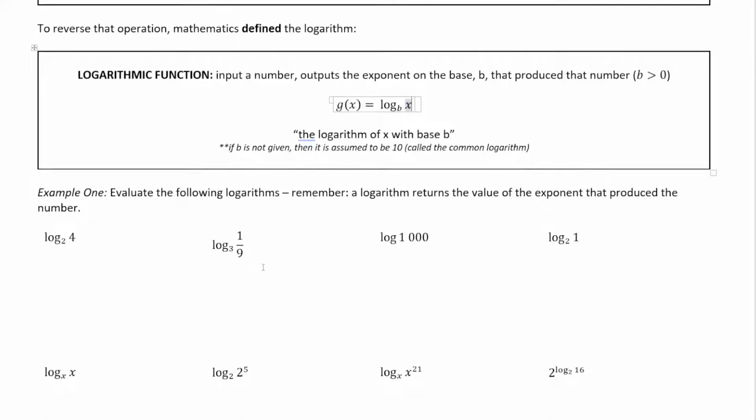Okay, so if we look at log 4 base 2 right here, this is going to return the exponent on 2 that produced 4. This is what you should be thinking in your head. So what is the exponent on 2 that produces 4? Well, the exponent on 2 that produced 4 is just 2.